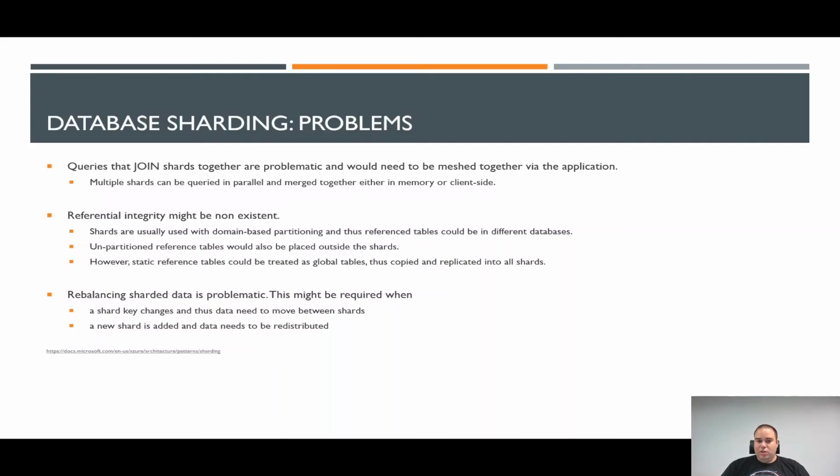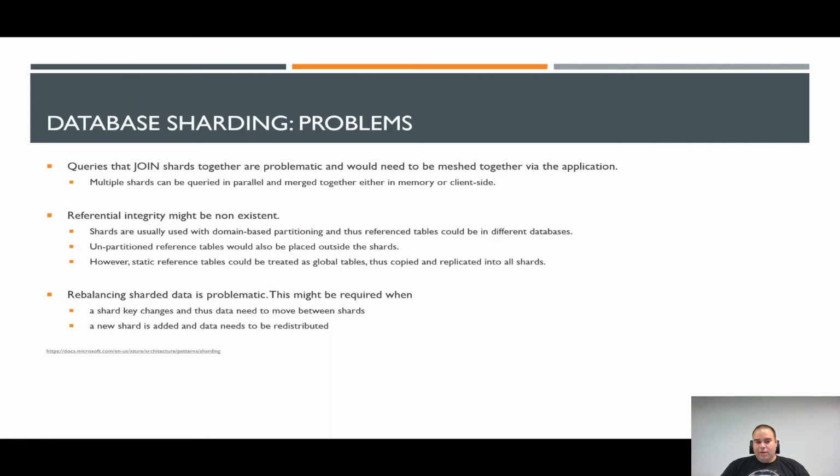Referential tables would be in a centralized database somewhere else. We might be able to keep a copy of these referential tables across all the shards, but that would introduce another level of complexity to keep these tables synchronized across all shards.